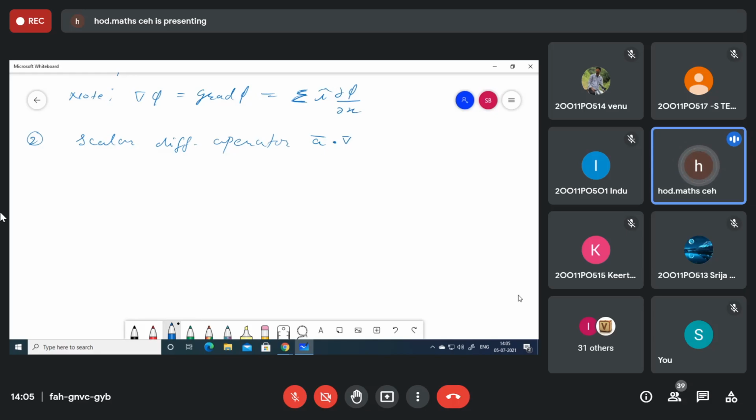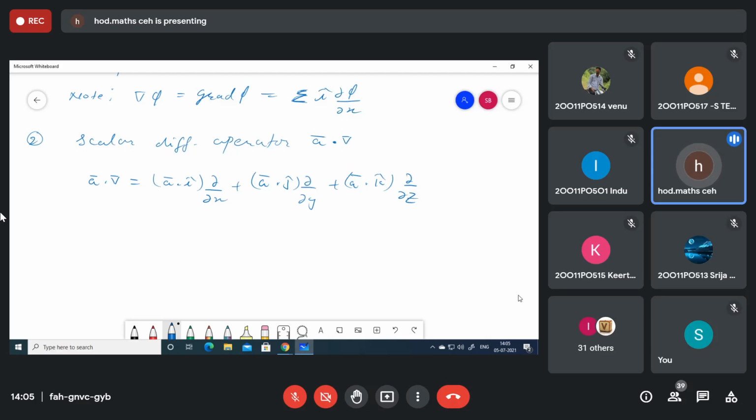So the operator a bar dot del is defined as a bar dot i cap dou by dou x plus a bar dot j cap dou by dou y plus a bar dot k cap dou by dou z.